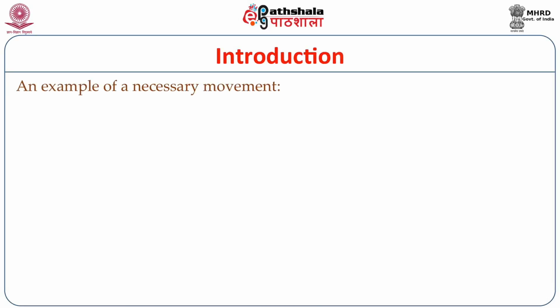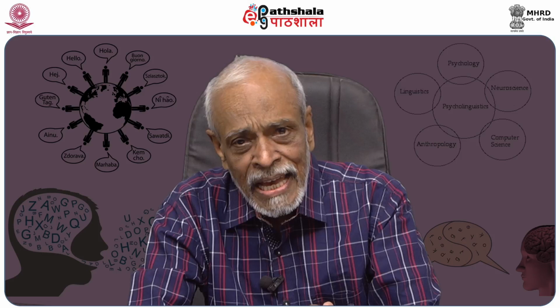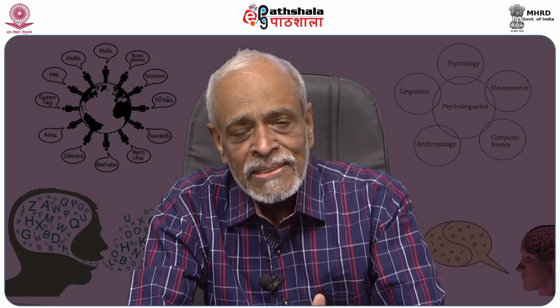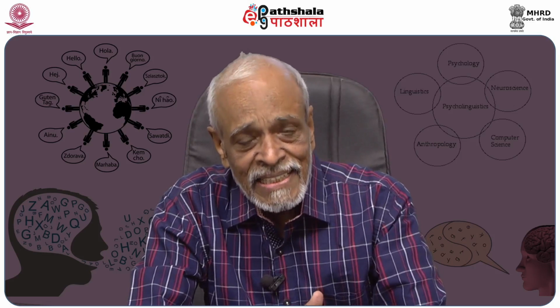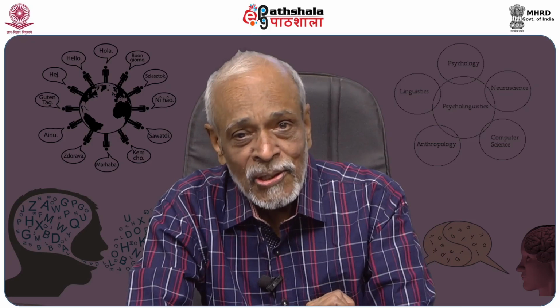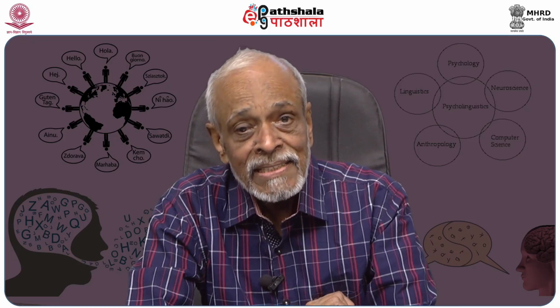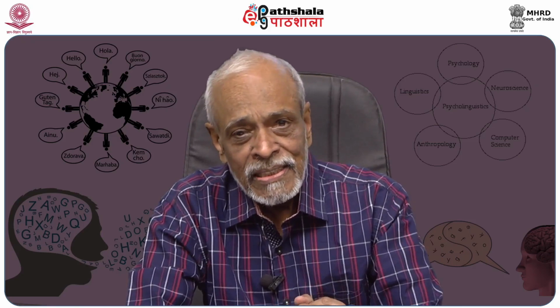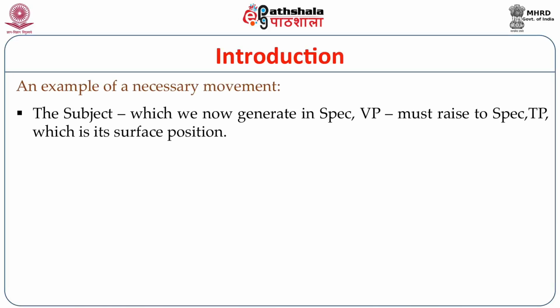What would be an example of a necessary movement? As you perhaps know, the subject of a clause is, in the current theory, generated within VP. This is called the VP internal subject hypothesis. This has been around for about 15 to 20 years now.